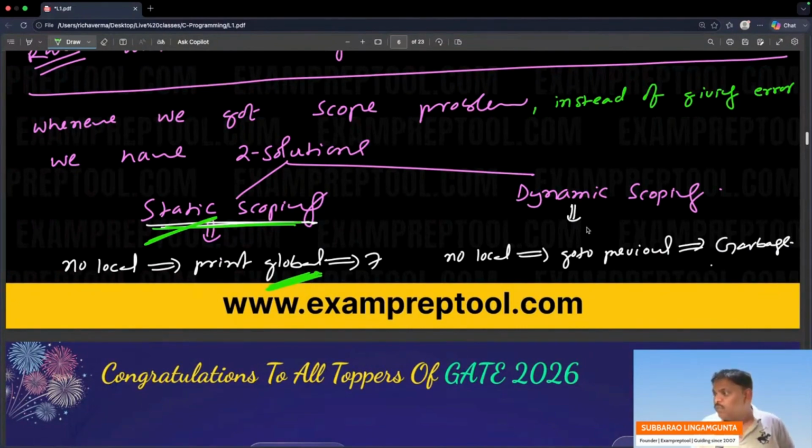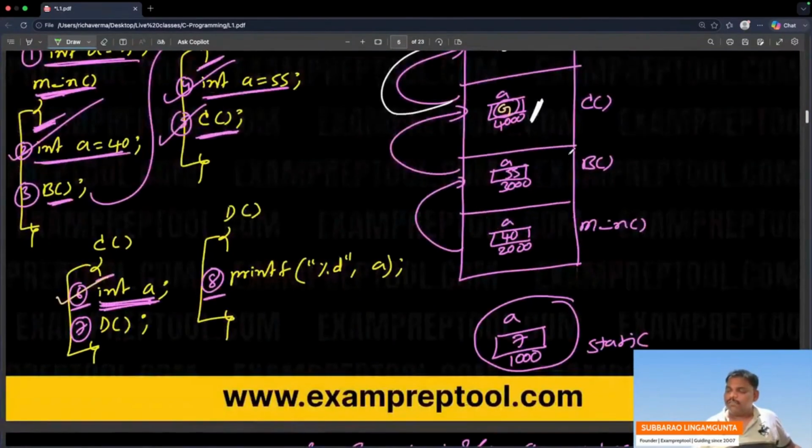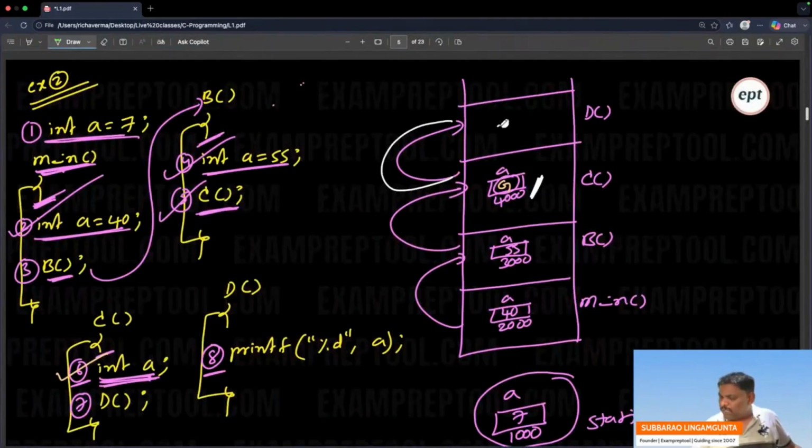What is dynamic scoping? It is dynamic in nature. Suppose I am on the 10th floor of the building. I have some issue. I will ask the 9th floor people. I don't jump directly to the ground floor. I ask the previous people.